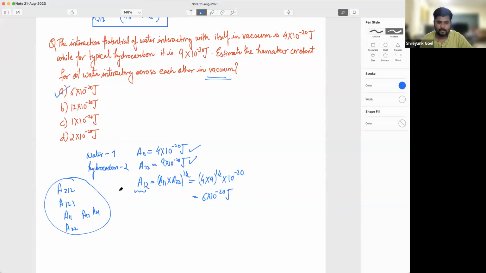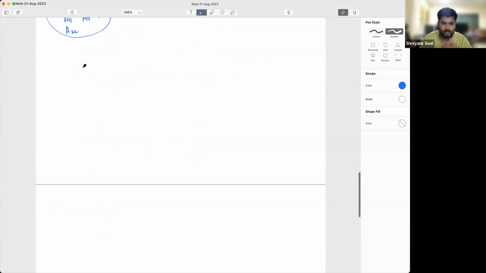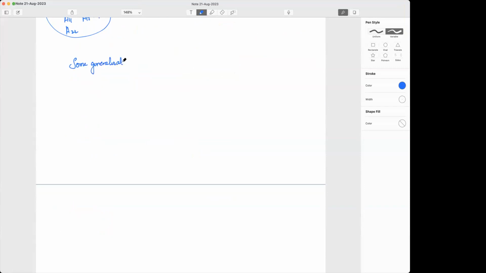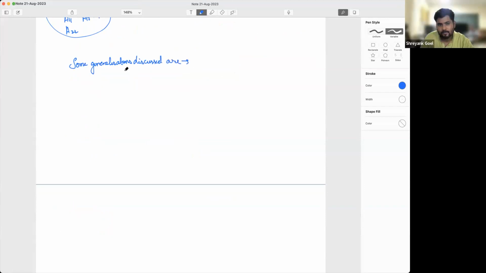Apart from this question, there are some generalizations that are discussed about A212. First, A212 is always positive regardless of the relative magnitude of A11 and A22.